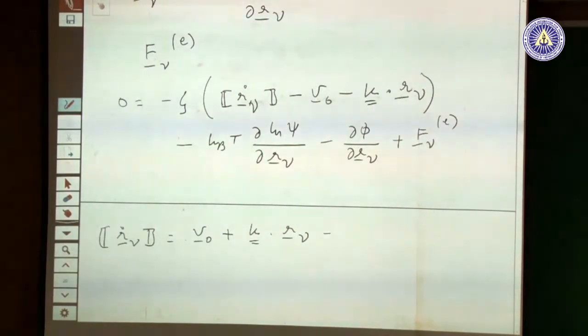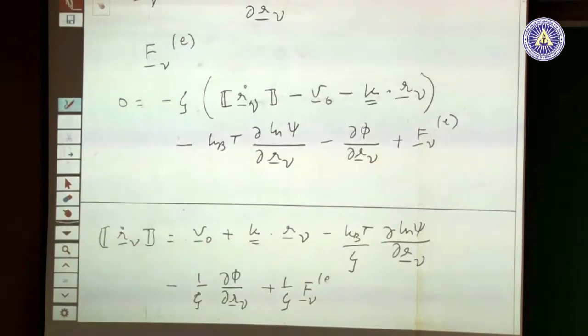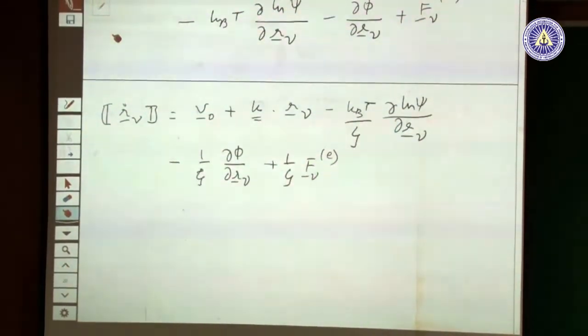So, it will be minus kBT over zeta del log psi over del R nu minus 1 over zeta del phi over del R nu plus 1 over zeta F nu E. Okay, is that clear?